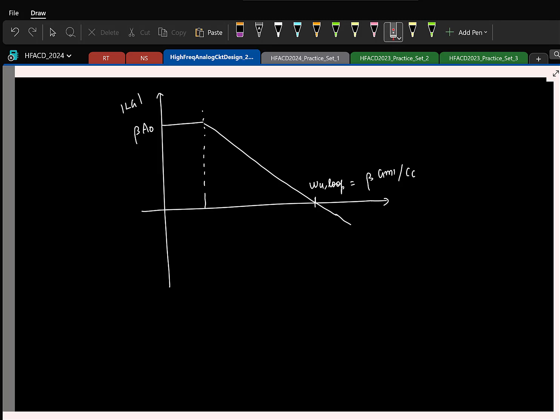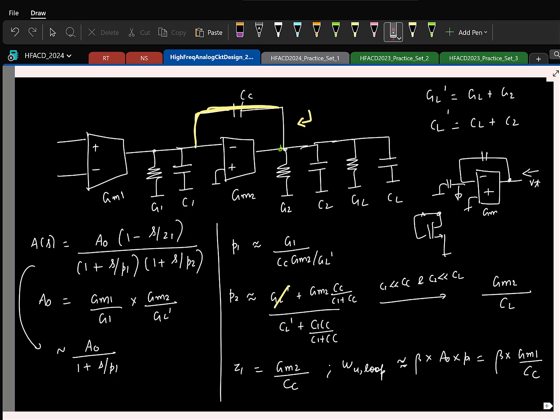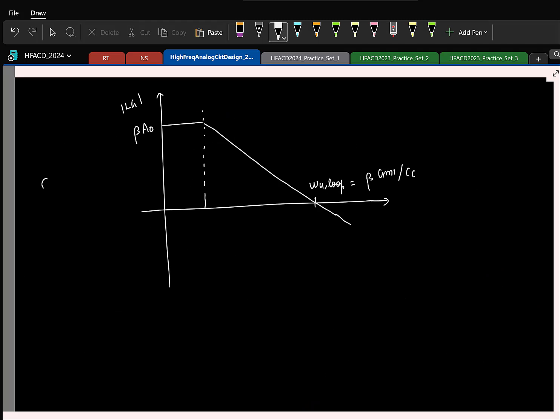And you have the second pole and the 0 occurring after this. Now if I look at the expression, the second pole is Gm2 by Cl, the 0 is Gm2 by Cc. Okay. So if I assume the load capacitor is slightly higher than Cc, which will occur first? P2 will occur earlier than the 0. I mean, that is just an assumption I'm making. If not, you can have the other way. So I'll assume Cl is greater than Cc, so the pole occurs first and then the 0 comes. Okay.